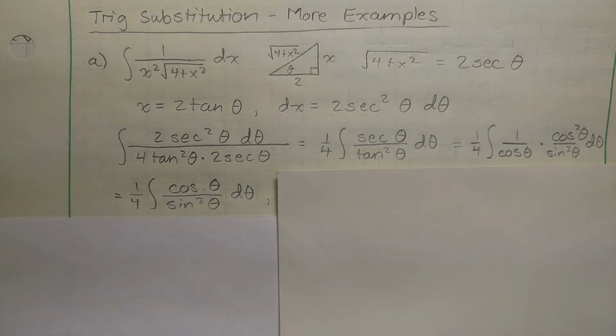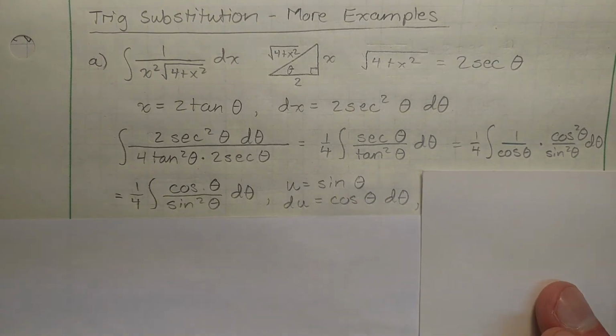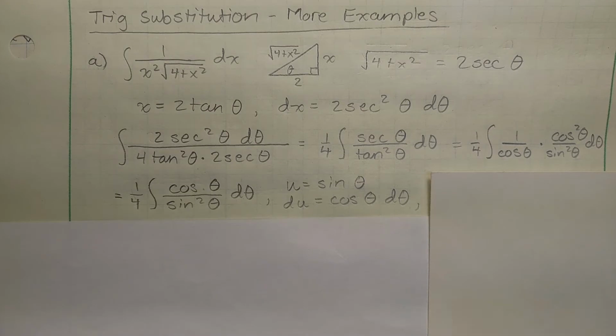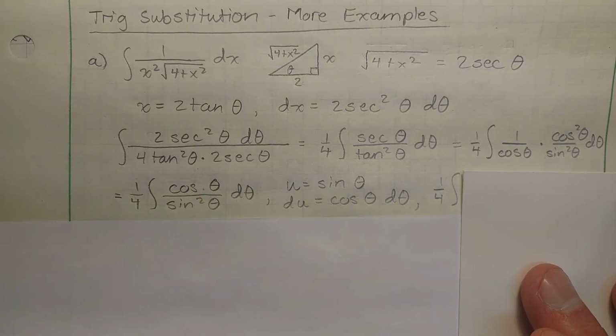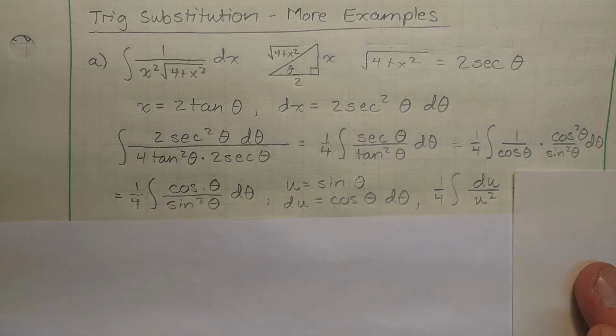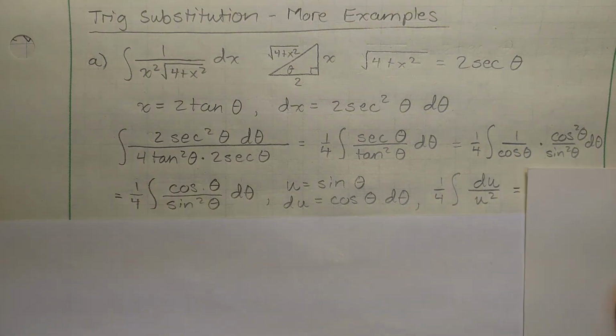The good news is, for this one I don't have to do any special reduction formulas or any big manipulations. I can go straight to u substitution. If I let u be the sine of theta, then du becomes the cosine of theta d theta, which is right there. So it looks like I've got 1/4 times du over u squared.